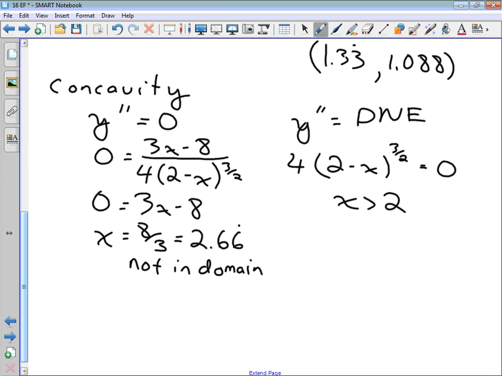So once again, these points are not in our domain. Now wait, that's only sort of true, because it's also not going to exist where x is equal to 2.